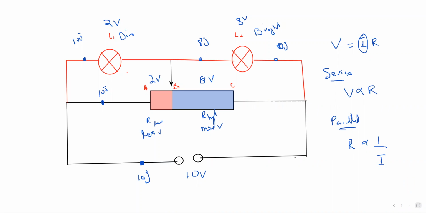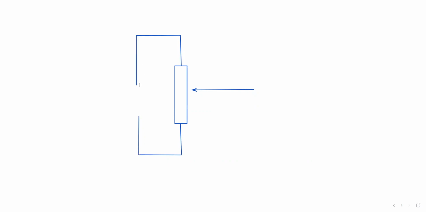So for example, if I have a variable resistor and the sliding contact is at the center, this is a sliding contact which is at the center, and you connect two voltmeters, voltmeter 1 and voltmeter 2.